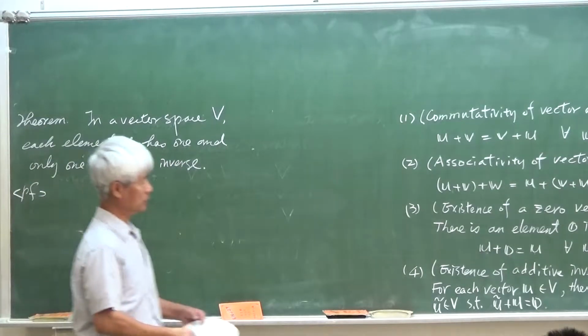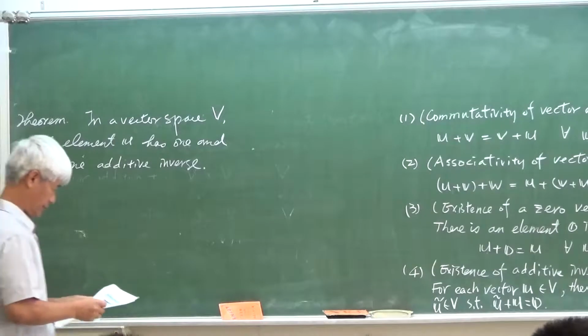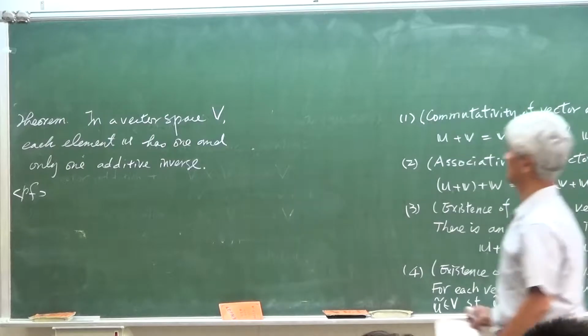So for each element, each vector, there is one and only one additive inverse.